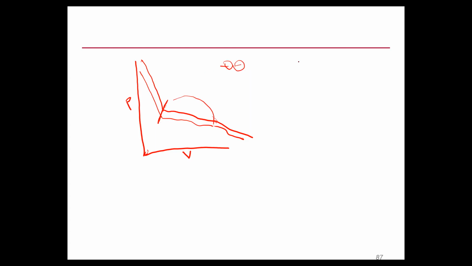If you look at oil volume versus pressure, the oil will expand up to the bubble point. At the bubble point, gas is released and the oil will shrink.